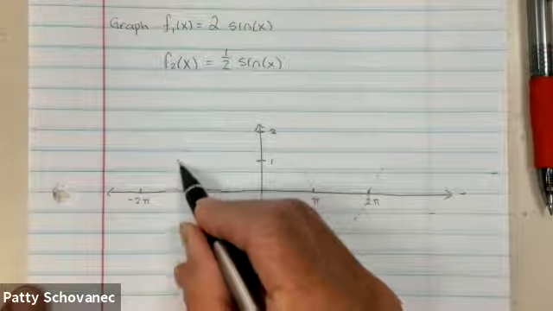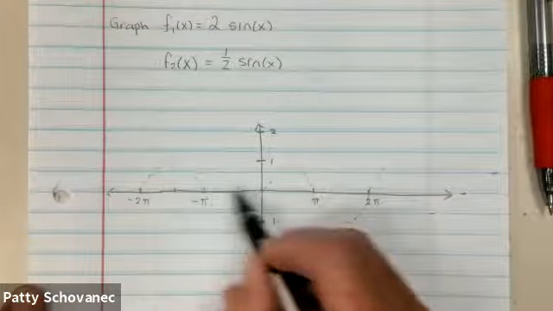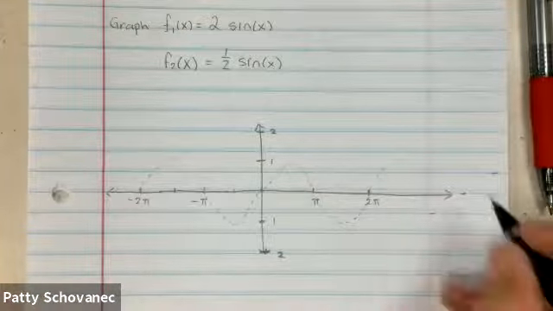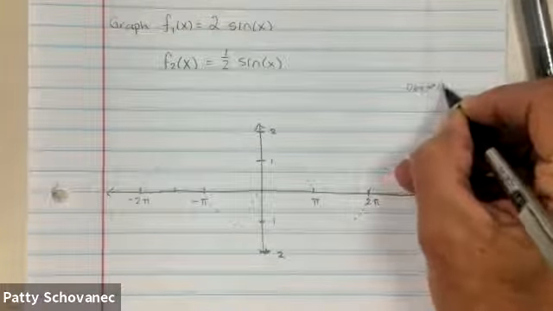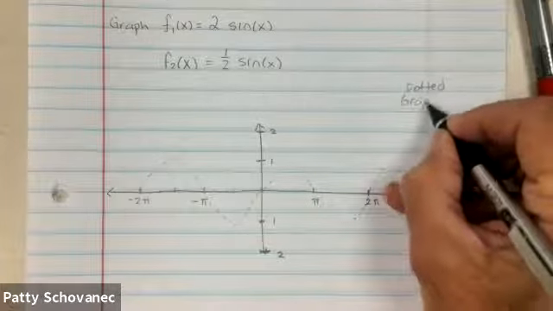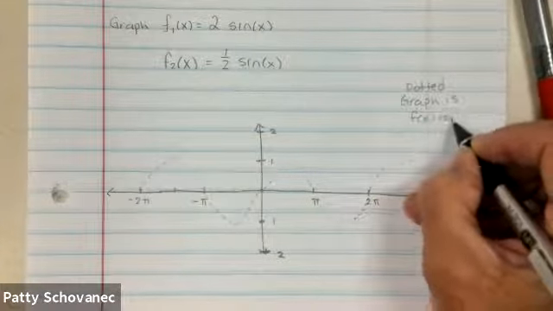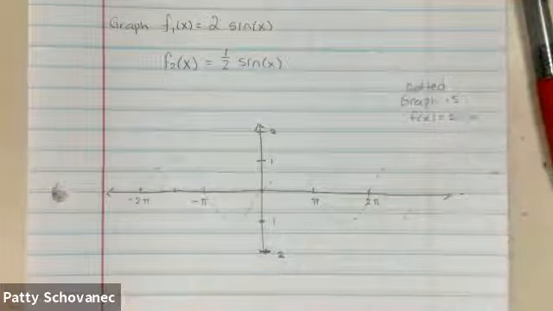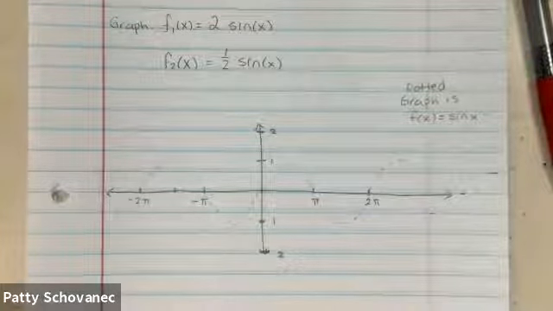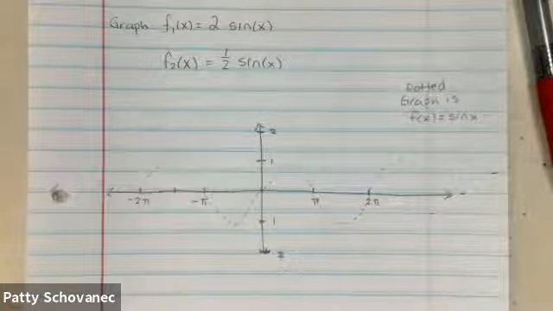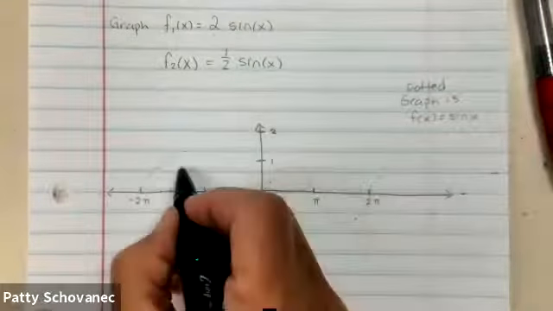Crosses at the multiples of pi, hits the 1 and minus 1, smack dab in the middle. So the dotted graph is f of x is the sine of x. This one went a little bit too tall over there. Get back down. It needs to be at 1.